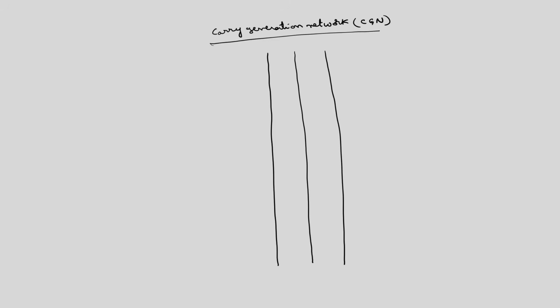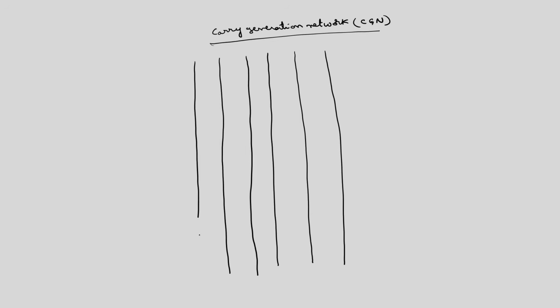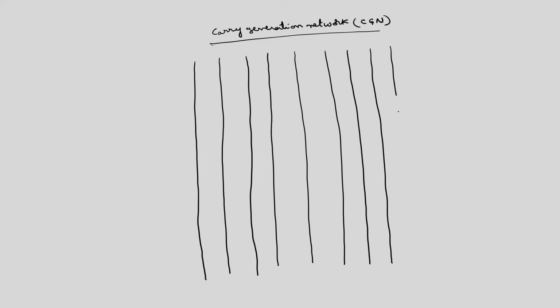So, basically we have 9 inputs. Out of which this vertical line is C naught, and this is G naught, and G1, G2, G3 we have generated in step 1.